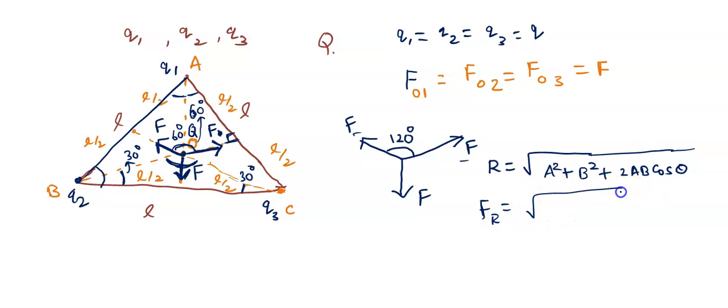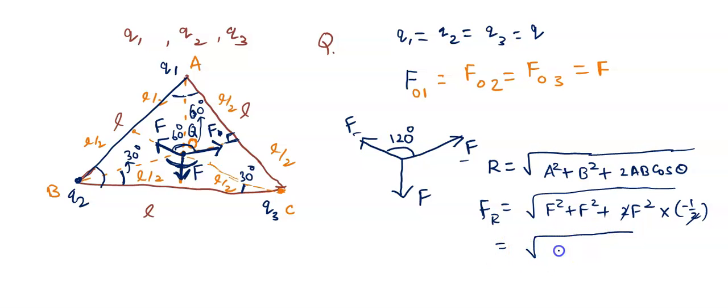I will tell you why. F square plus F square plus 2 into F into F, cos 120. Cos 120 is minus 1 by 2. This 2 and 2 will cancel. It is equal to under the root F square plus F square minus F square, which will cancel. So this will be F.